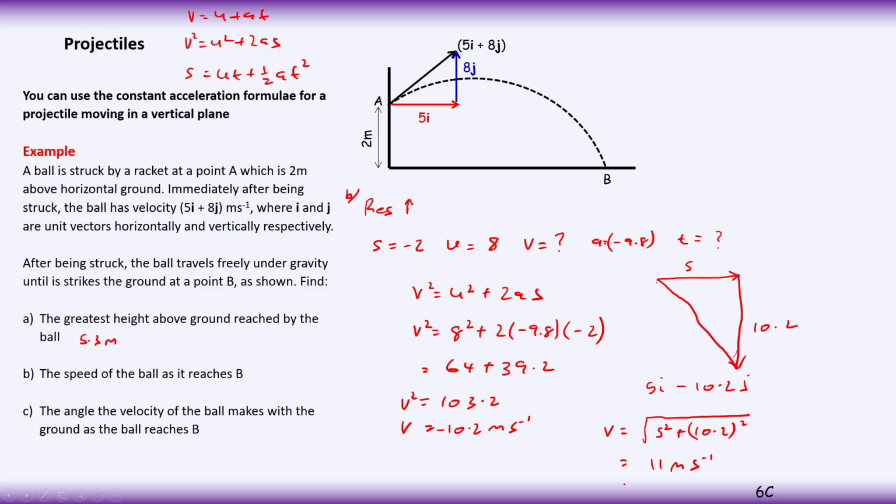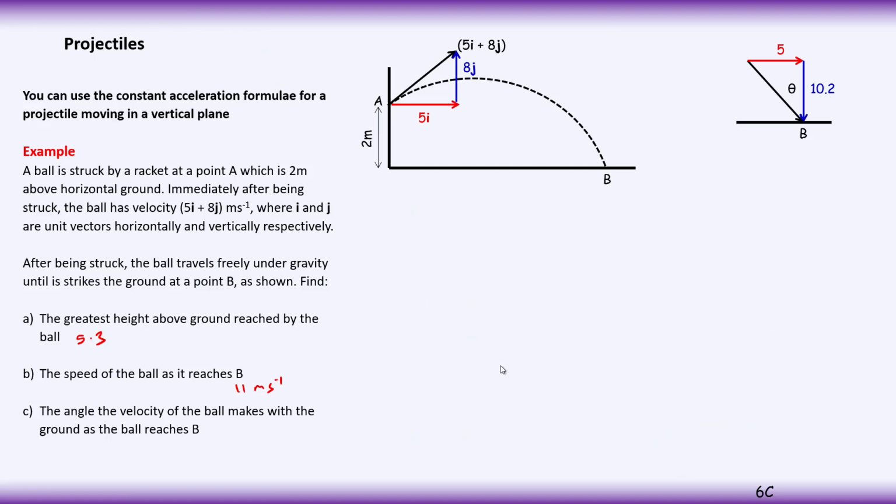Hit pause, make some notes. Once you've done that, we're going to find the angle. And so part C, to determine part C, a sketch. It is traveling still horizontally at 5 and vertically at 10.2. So to find theta, which is this angle here, I can use trig.